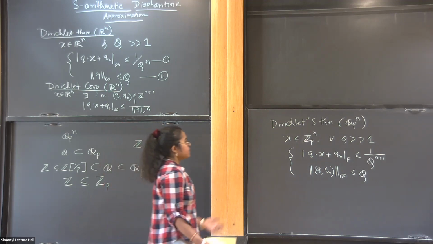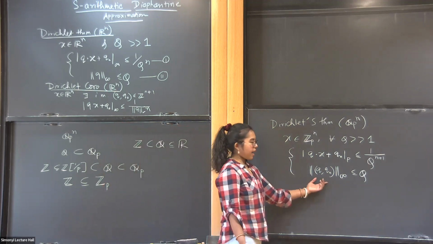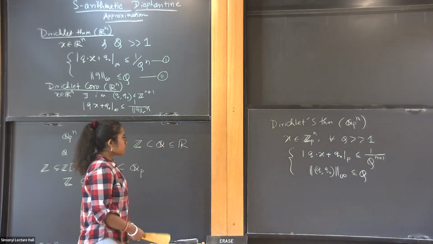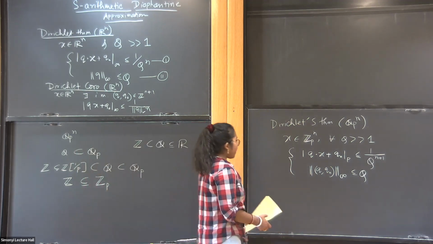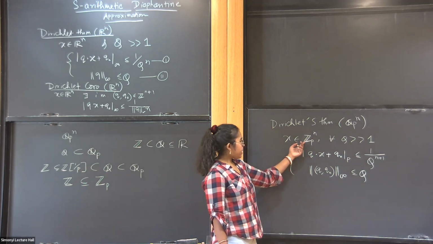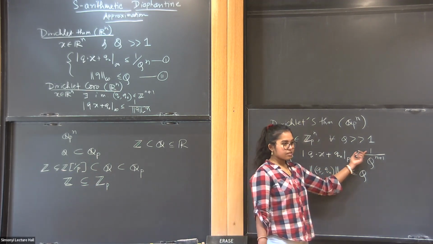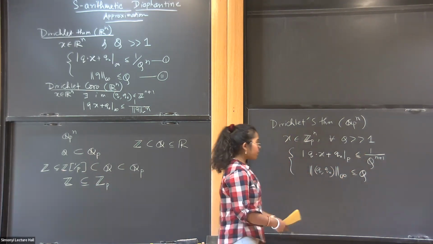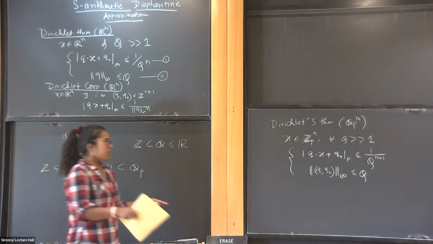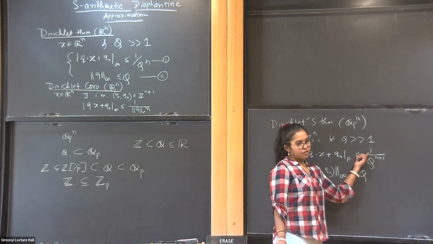So to say something interesting, we should have a bound on both q and q0. And why did I restrict x to Zp? If I don't, then the only thing that changes is this constant. Depending on which ball you are in, if you are in a ball of radius p, then this constant would probably be p squared or p.